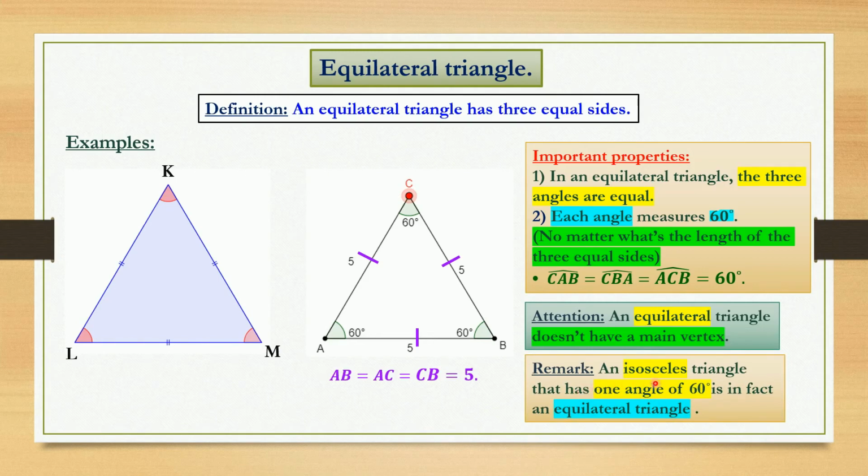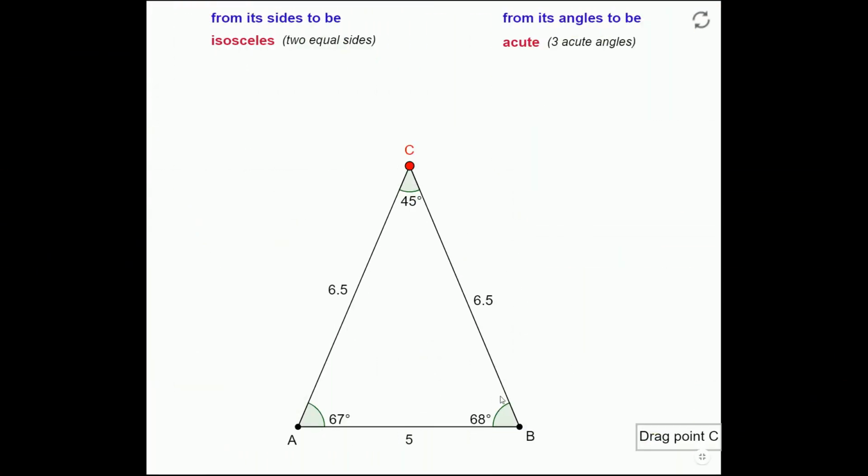Remark, an isosceles triangle that has one angle of 60 degrees is in fact an equilateral triangle. Let's prove it together. Here in this figure, we have this isosceles triangle ABC because it has two equal sides. Now let's try to make this angle at the main vertex 45 degrees.